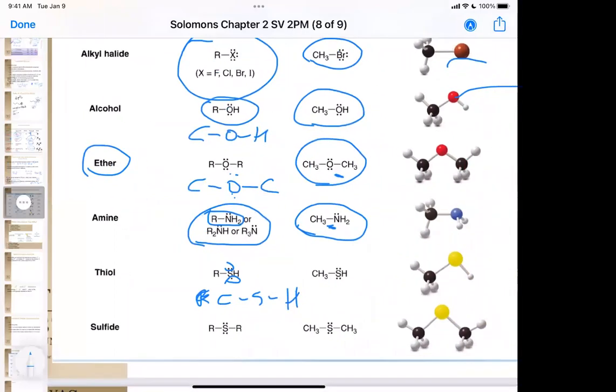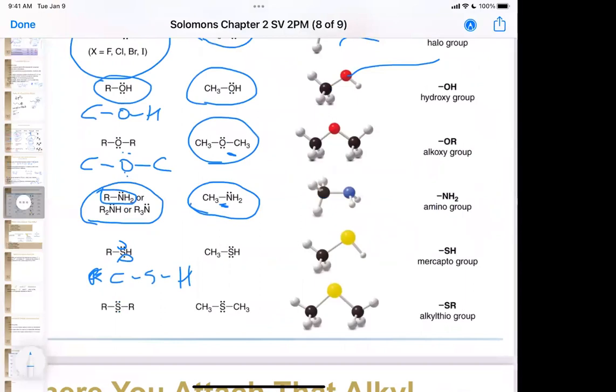But as a substituent, we have a slightly different name. The OH group, the alcohol group, as a substituent was the hydroxy group. When we changed it to the ether, this whole thing becomes the alkoxy group. Oxy for oxygen, al for alkane. Alkoxy group.